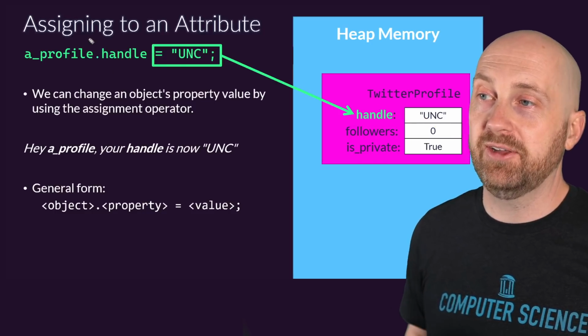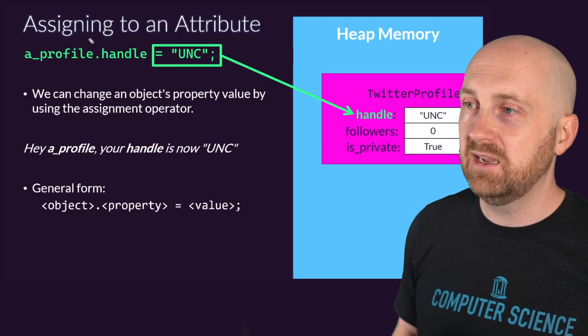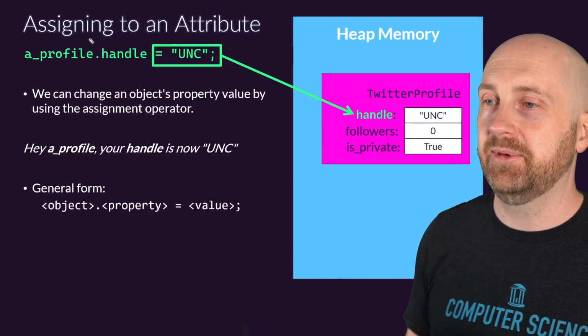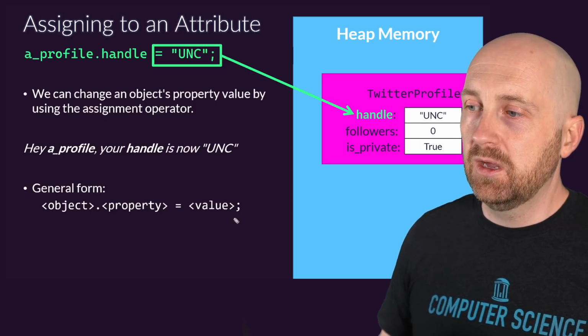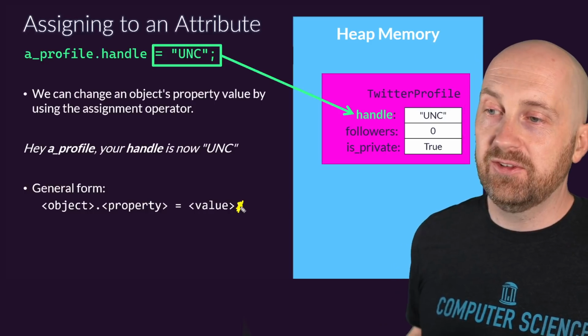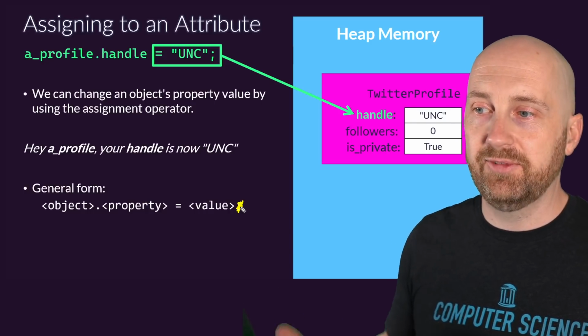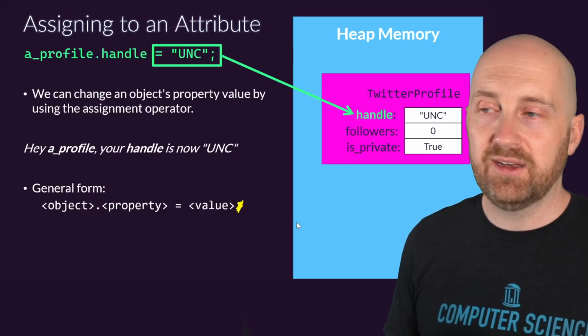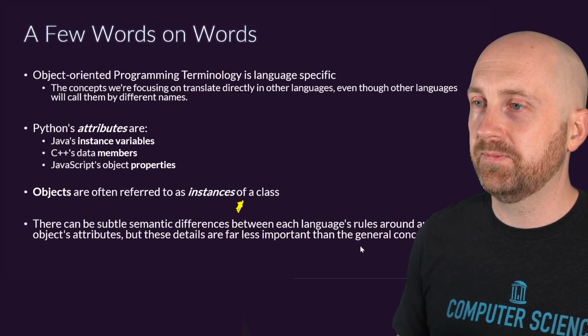So here, a profile.handle is assigned the string UNC, is what would cause that particular attribute to be updated. The general form, and I shouldn't have a semicolon here, you should ignore that, is object.property is assigned whatever value we want. You'll notice that I'm using the word property here, and I'll come back to this in just a moment.